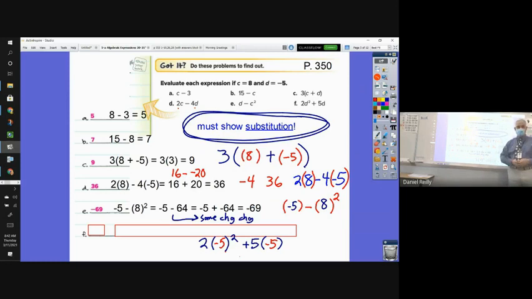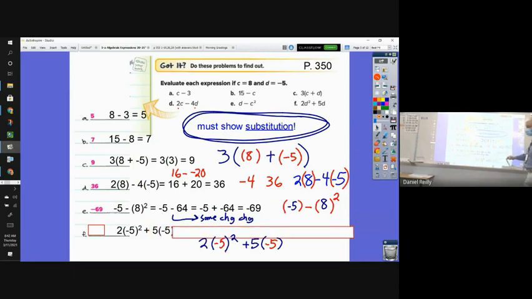What's -5 squared? Positive 25. Because it's negative times negative, so the answer is positive. A very, very common mistake, even with advanced algebra students. People make that mistake all the time. -5 squared is positive 25, because negative times negative is positive.